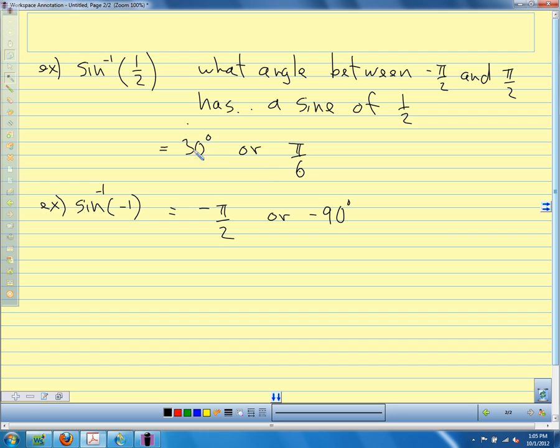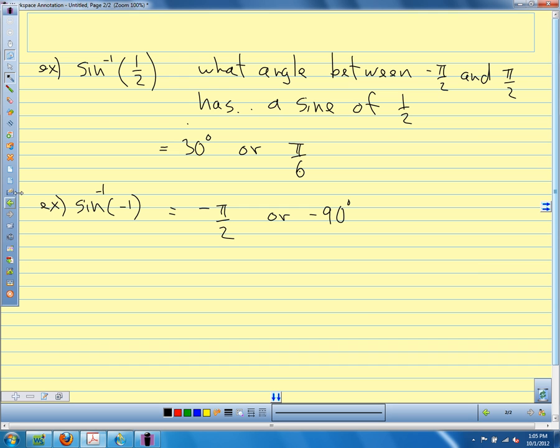So when I see this problem, I'm saying what angle between negative pi over 2 and pi over 2 has a sine of whatever. That's what the inverse sine is asking us. Questions on inverse sine and what it is telling us.